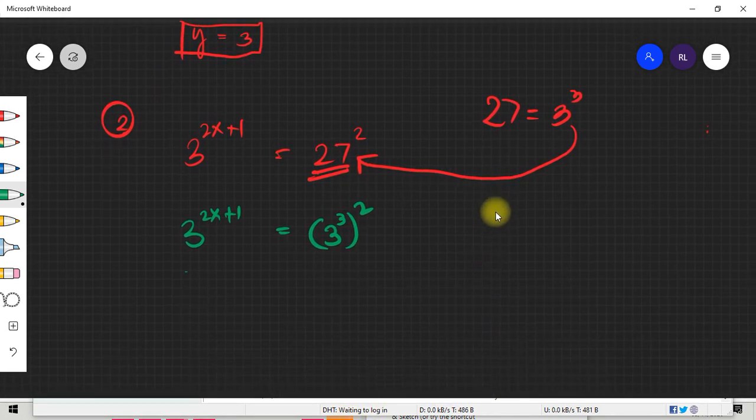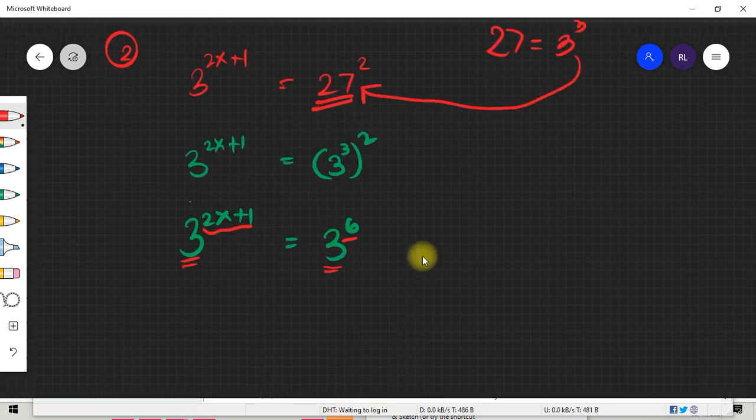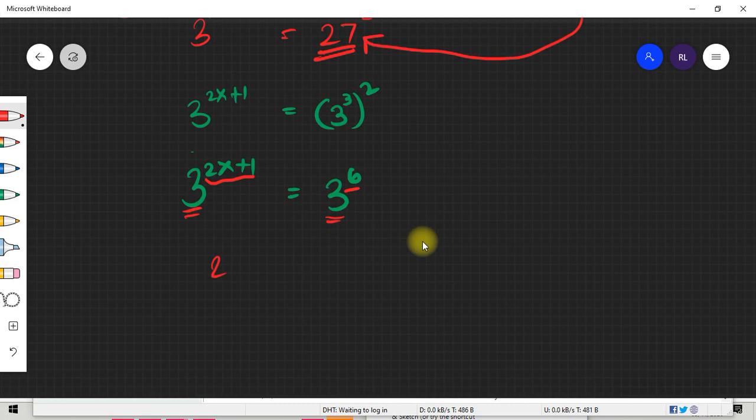So basically we'll have 3 raised to 2x plus 1 equals 3 raised to 6, since the exponents are multiplied. Since they are on the same base 3, we can make an equation of the exponents: 2x plus 1 equals 6.